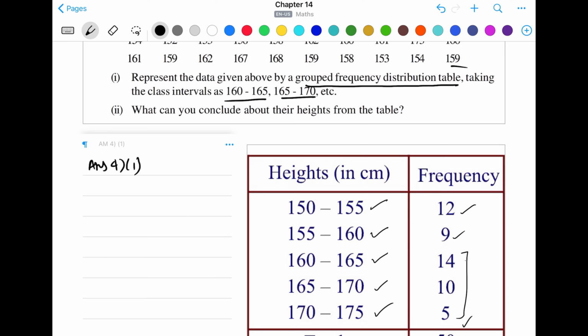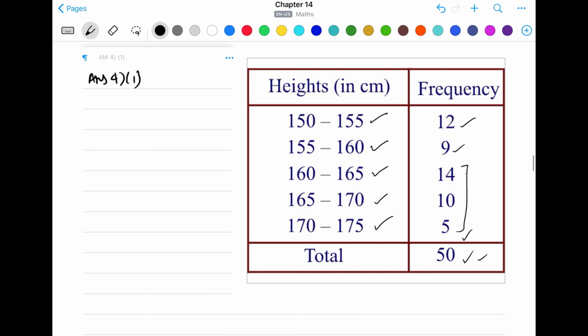This is 14 plus 10 is 24, 24 plus 9 is 29. So most of the students are lying above 160 centimeters.